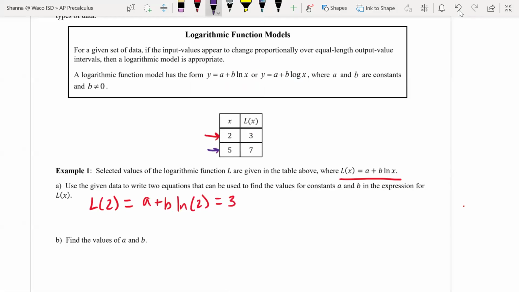Then we're going to create our second model using x equals 5. So we have L of 5 equals, we don't know A, we don't know B. We're going to plug in 5 for x, and that equals 7. Now, we're going to use systems to solve for A and B. So we're going to create a system.